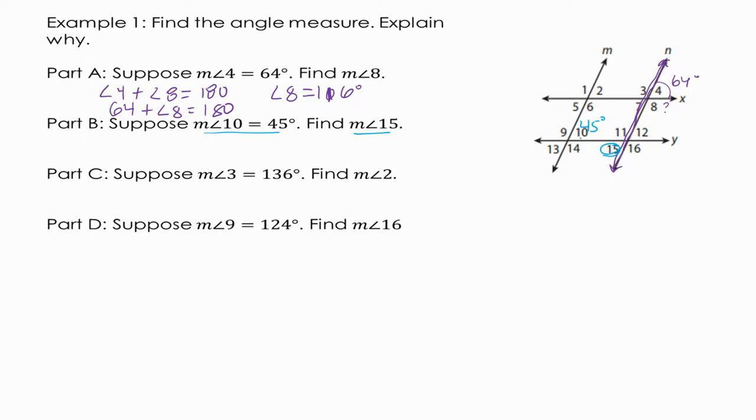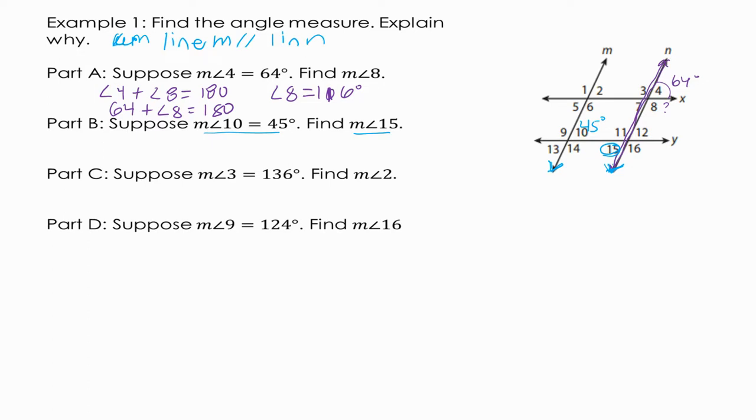So for the correspondence between these two, these would have to be parallel for us to solve this. So let's say there was some additional information here that said line M is parallel to line N. They should have the little mark on them.